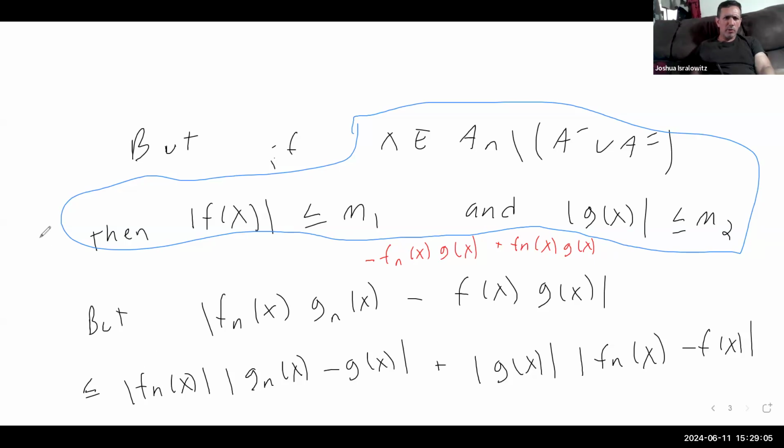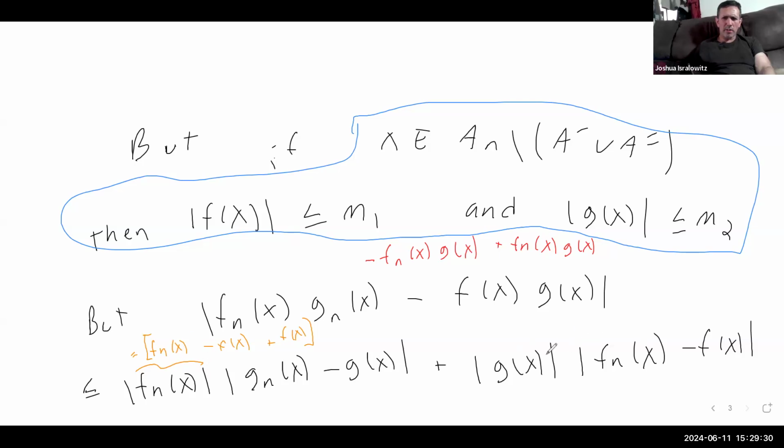So what we do is Fn of x minus f of x plus f of x. And I use the triangle inequality here one more time.